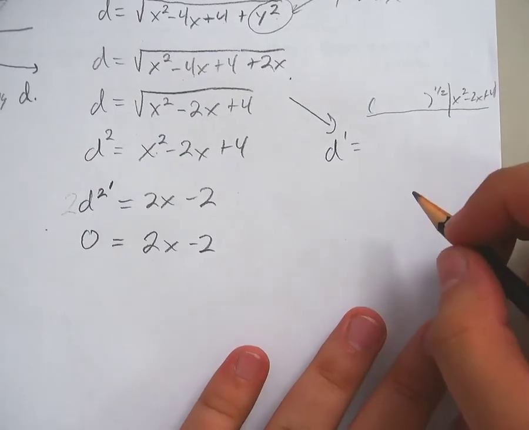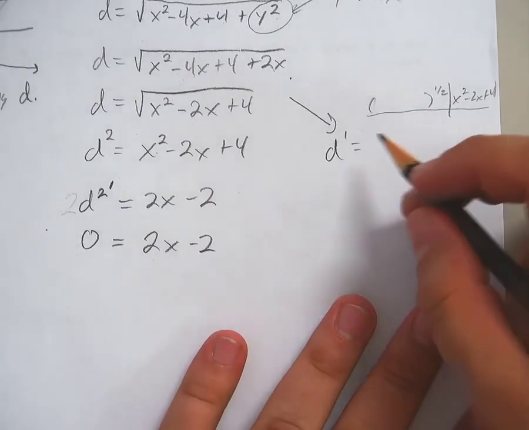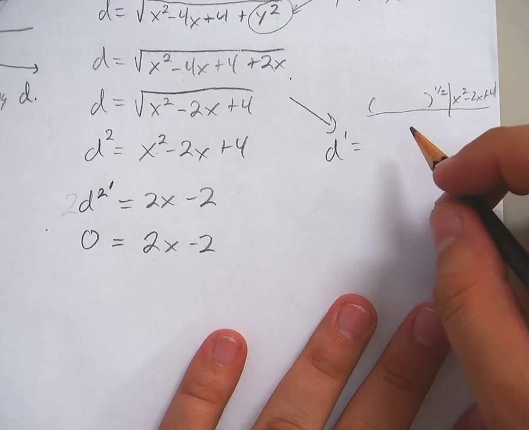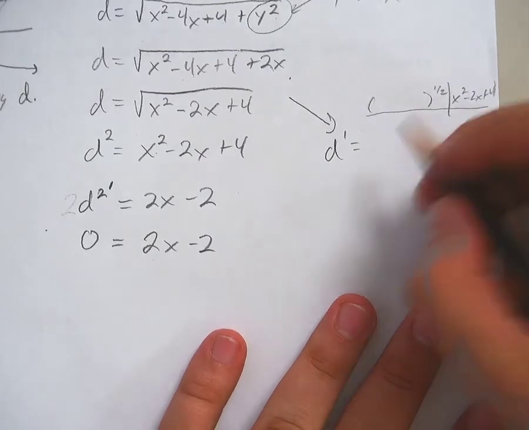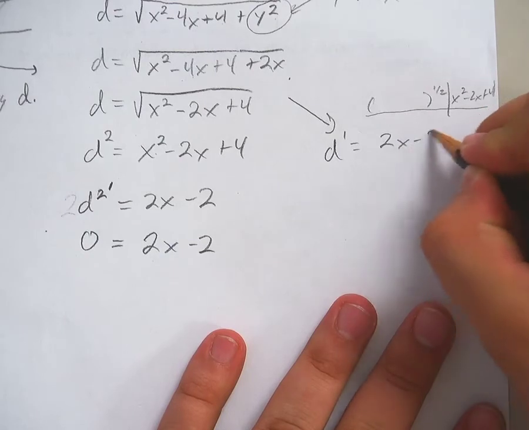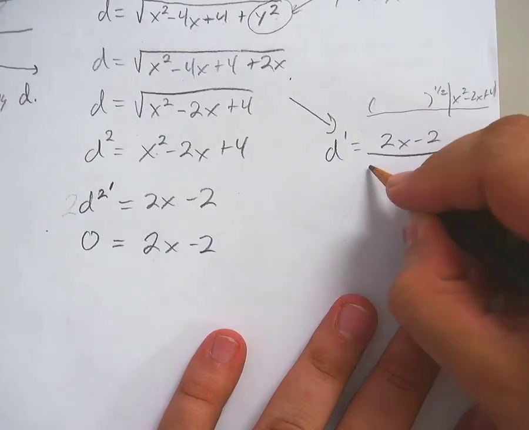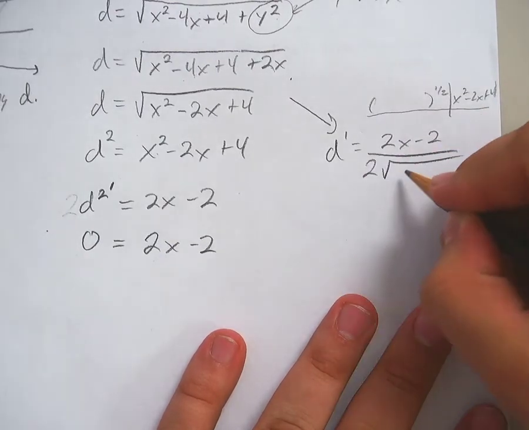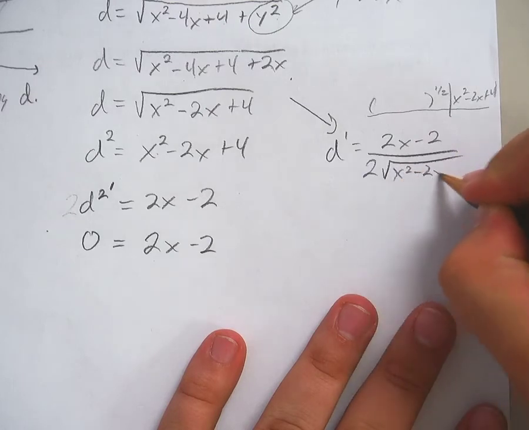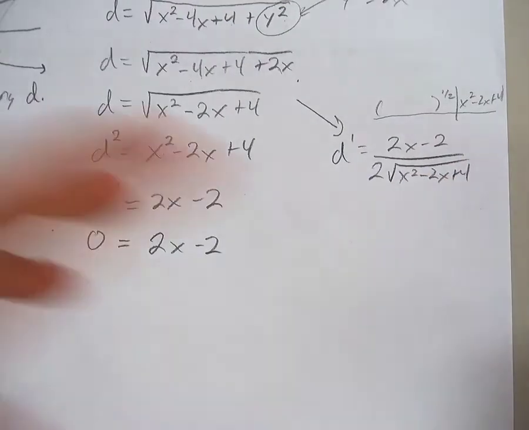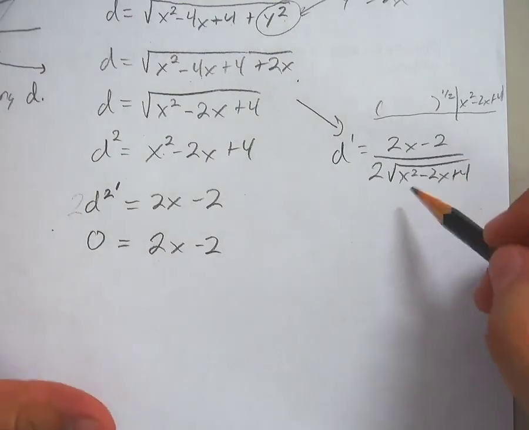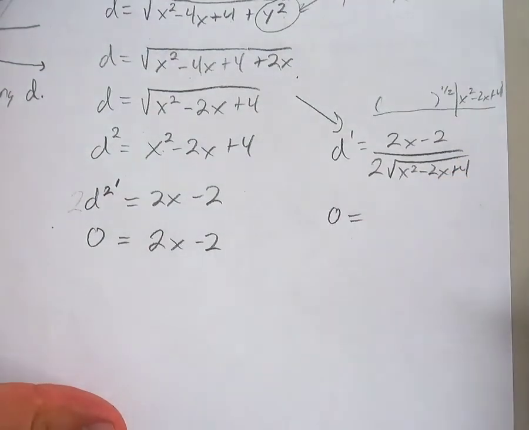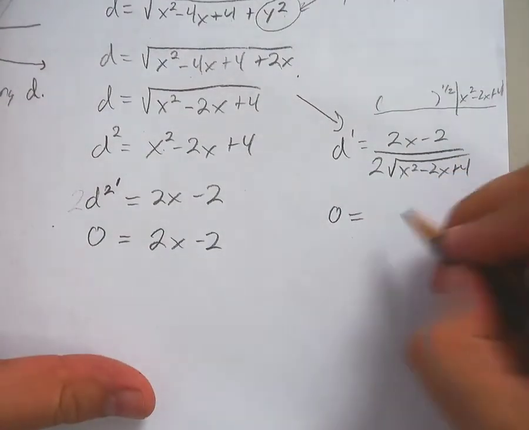Wow. You end up with 1/2 to the negative 1/2. Let me write down what this is going to end up being. And then the square root. Okay. You end up with this, and then you end up setting d prime to 0 because you're trying to minimize the change.